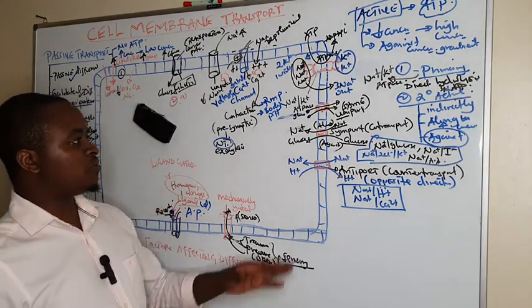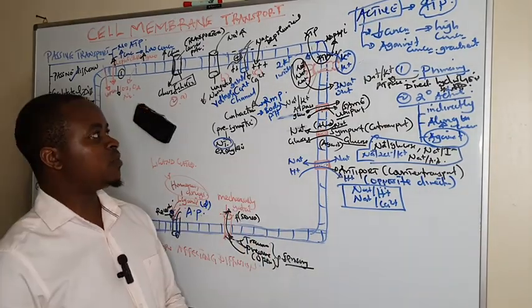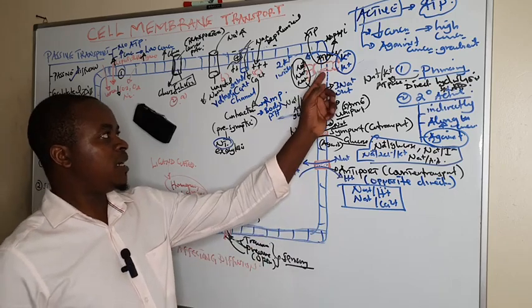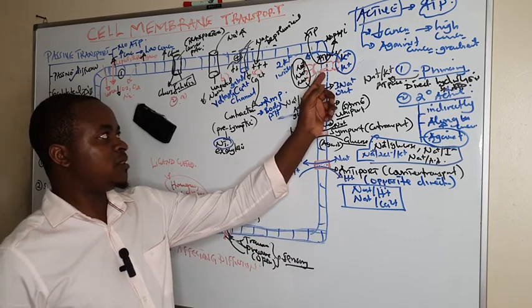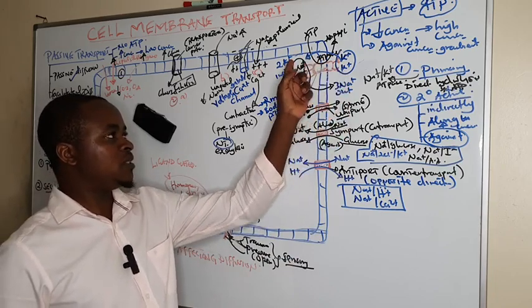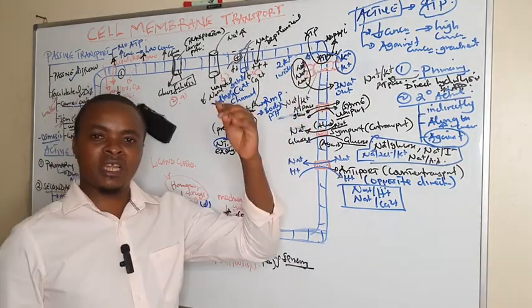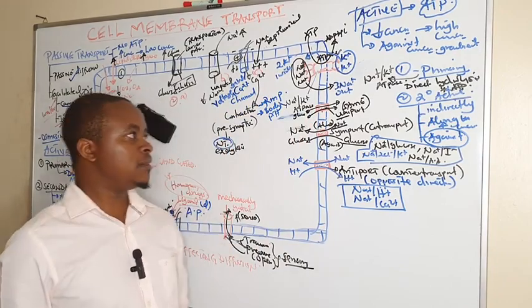So this is what we can discuss under active transport, whereby we had primary active transport using a carrier protein, which pumps out 3 sodium and brings inside 2 potassium in the presence of ATP being hydrolyzed directly.